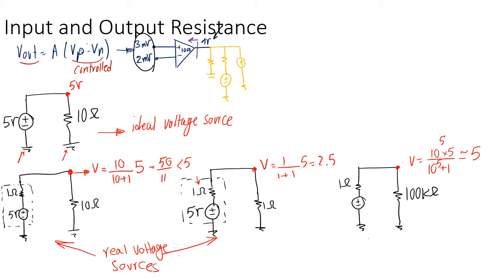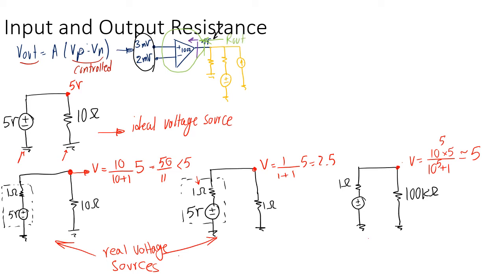If I want to model the entire thing inside this circle, when I look at it from the point of view of the orange circuit, if I want to replace this entire green circle with a resistor, I'm going to call that the output resistance, or R out, right?